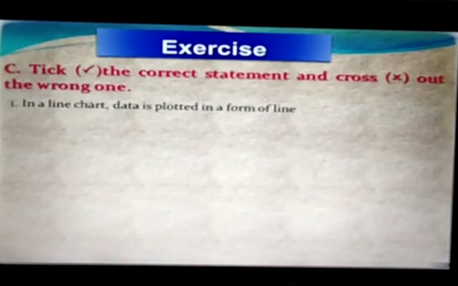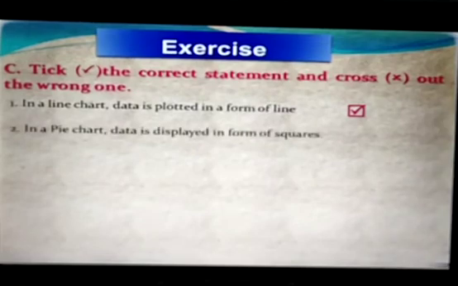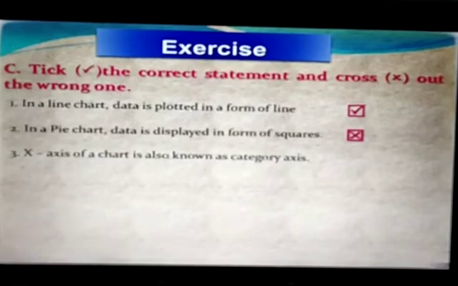In a line chart, data is plotted in a form of line. It's true or false? It's true. Correct. In a pie chart, data is displayed in a form of squares. Answer is wrong. Next, x-axis of a chart is also known as category axis.